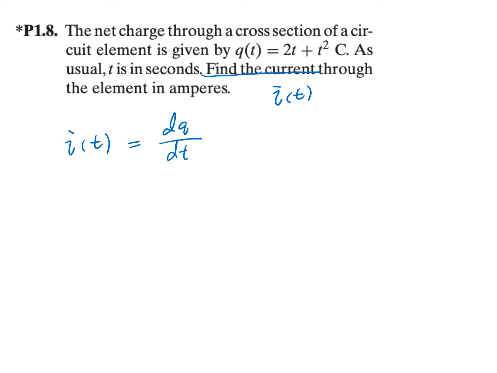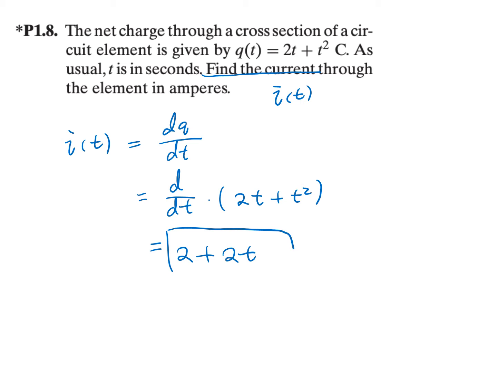So we need to take the derivative of q to get an expression for i. So that's d over dt times 2t plus t squared, and this is 2 plus 2t. So that is the current expression for this question.